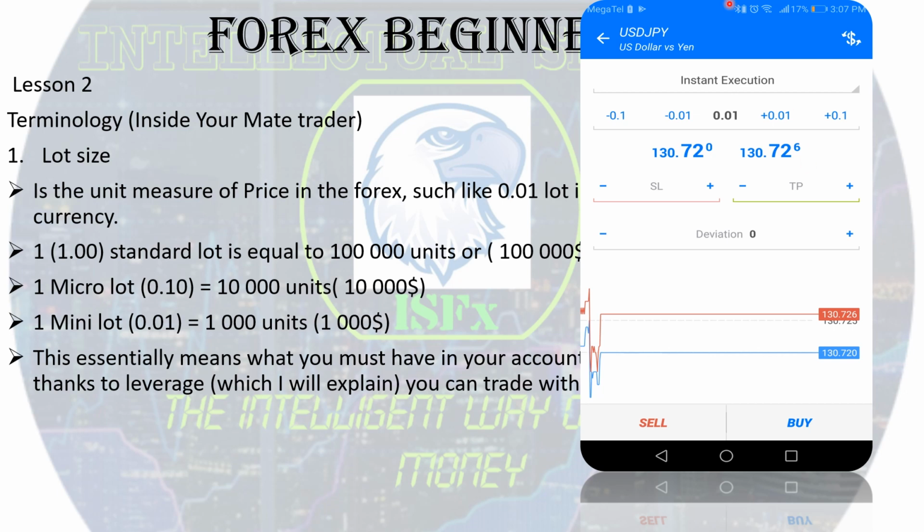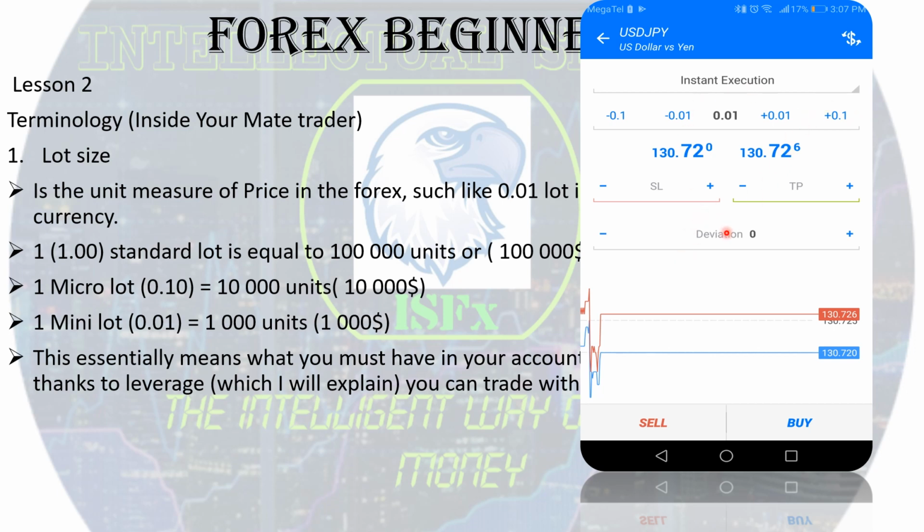Of course, as you can see here, guys, on the MetaTrader app, this is where you adjust your lot size. You can increase your lot size by one mini lot, or you can increase by your micro lots, something like that.